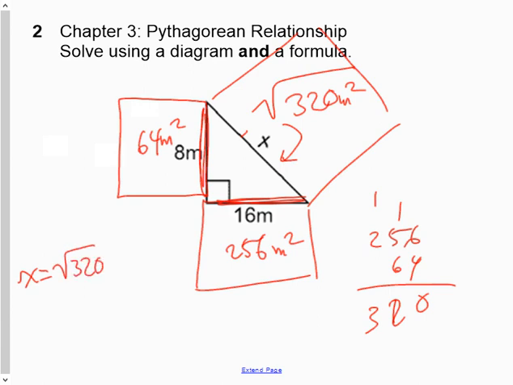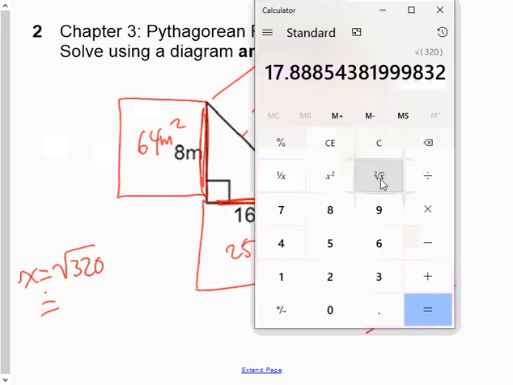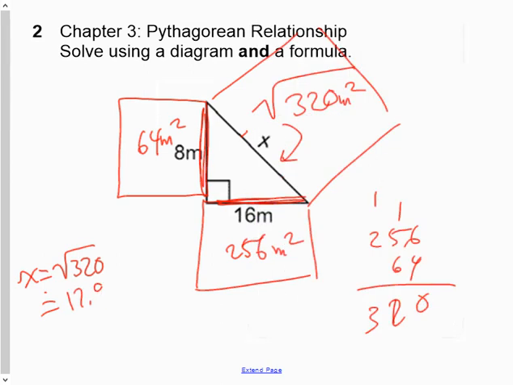That's what its length is, which is approximately equal to, if we take our calculator here, what is the square root of 320? It tells me it's approximately, if I round to one decimal place, 17.9. So therefore your answer is approximately 17.9. Again, if you use the diagram method, that's the expectation for what work you showed.